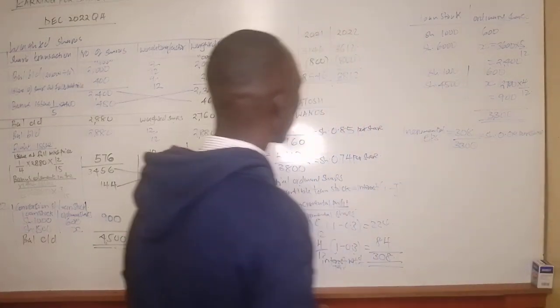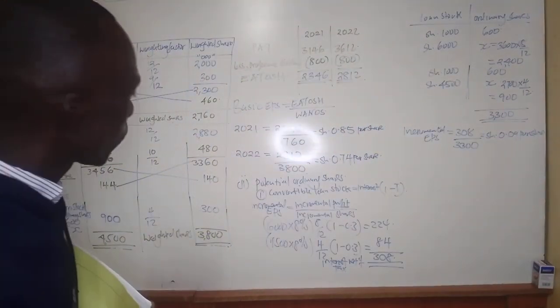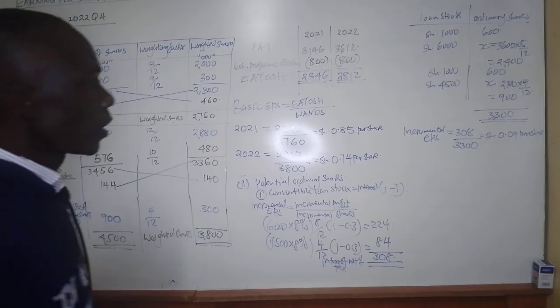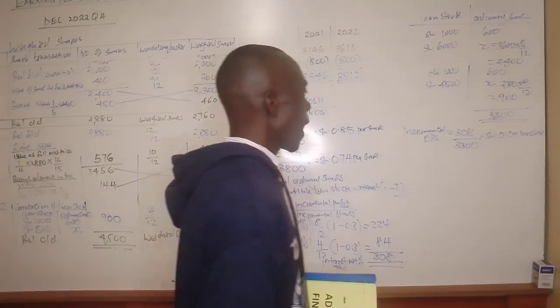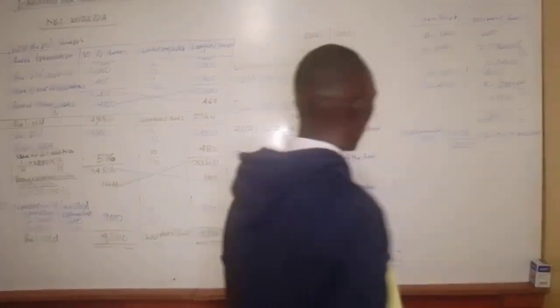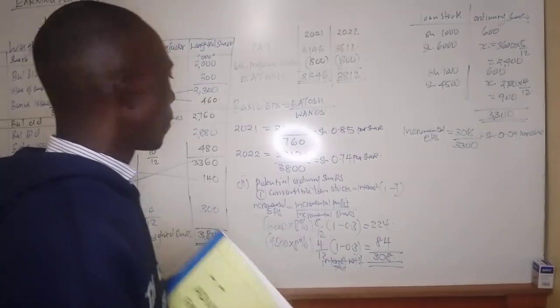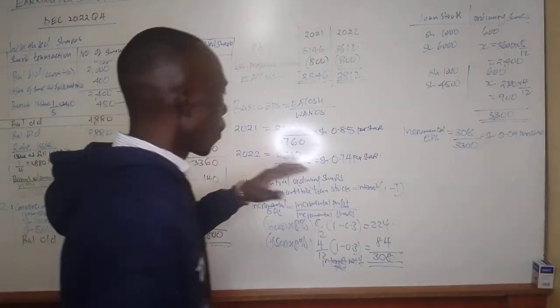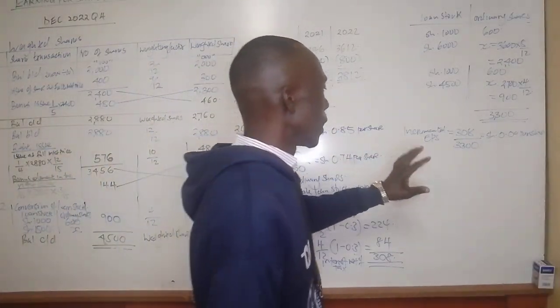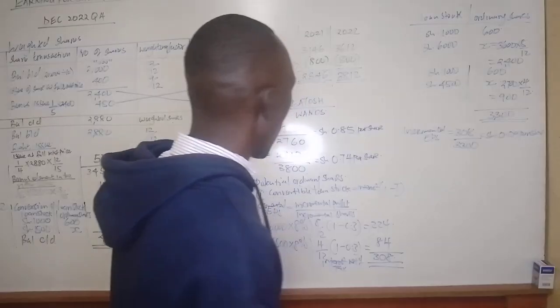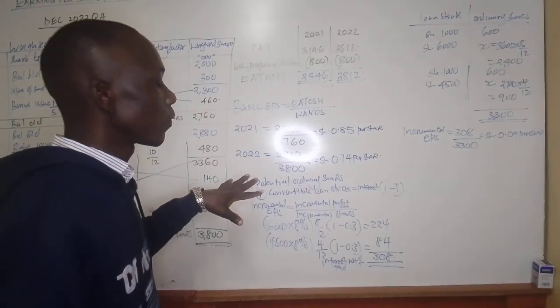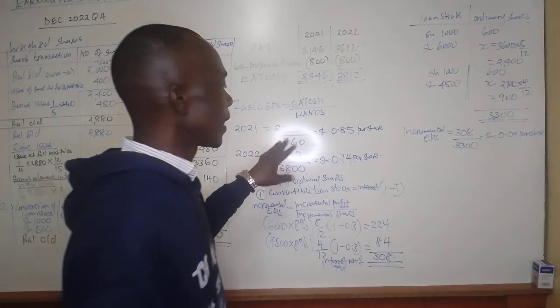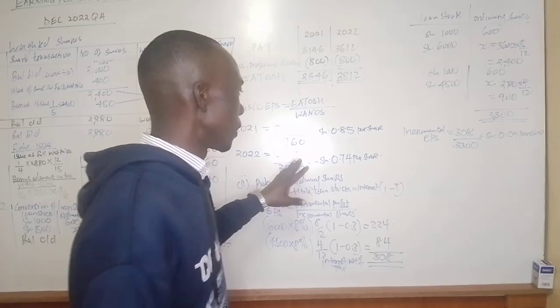So once you compute that, the next question you should ask yourself, is it dilutive or anti-dilutive? We have said, we normally say it is dilutive when there is reduction in EPS. And it is anti-dilutive when there is increase in EPS.